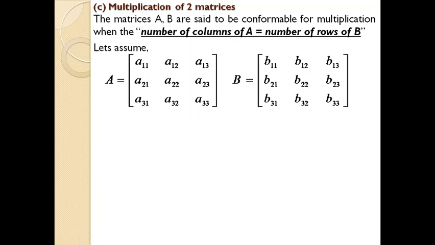As I told you at the beginning, you have to make sure the number of columns of the first matrix, here 3 columns, is compared with the number of rows of the second matrix. Here it is 3 rows. So it is equal. When this common rule is satisfied, you can continue with the computation part.